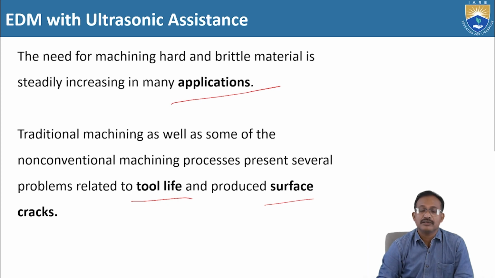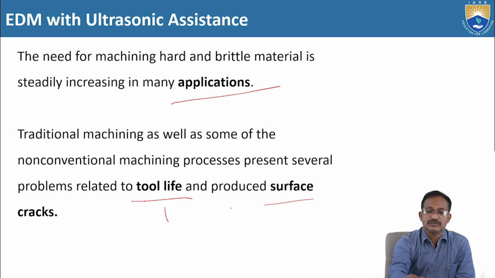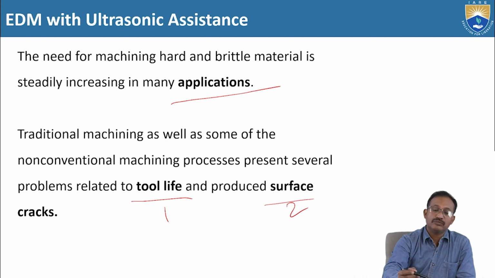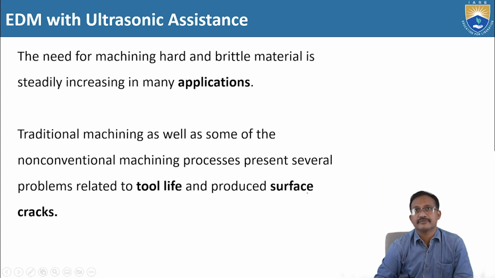Those are tool life and surface cracks. Here tool life and surface cracks are predominant parameters of the machining. We have to have a good tool life and there should not be any surface cracks after the machining.